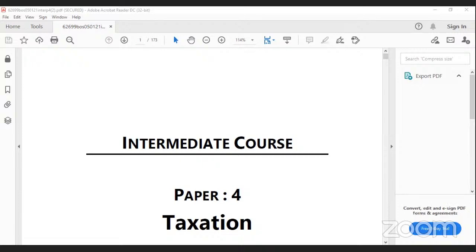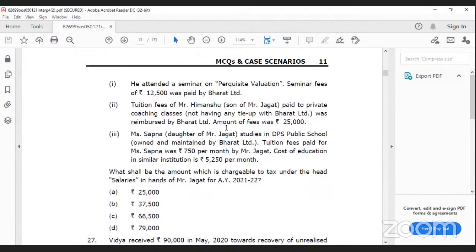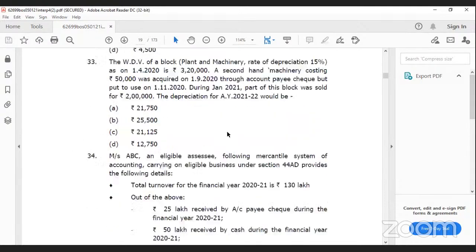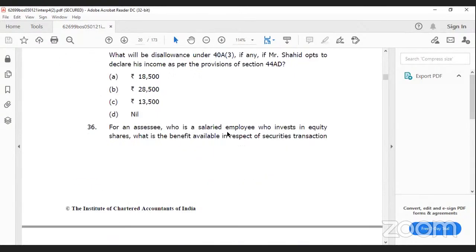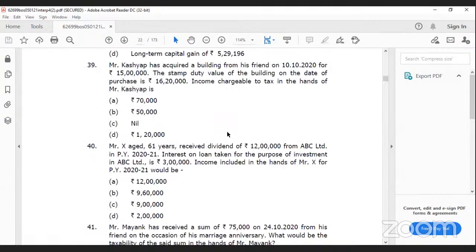So shall we continue from where we ended last time? Yes. The question number 39, no? Page number 16. Okay.